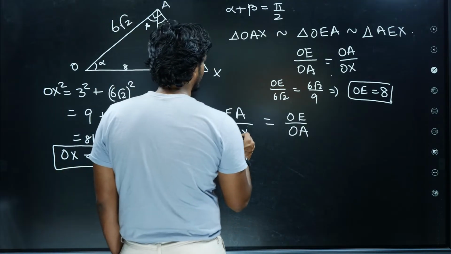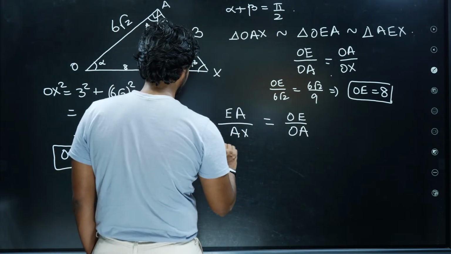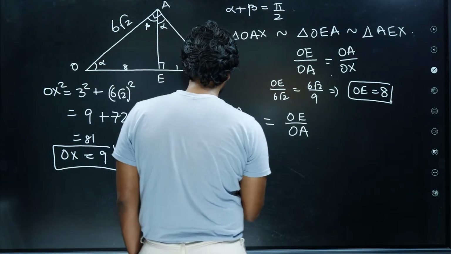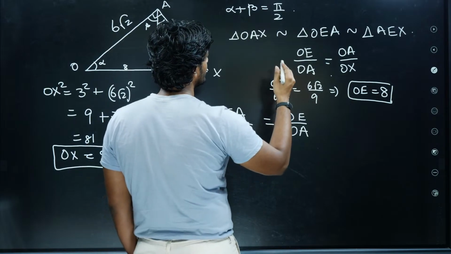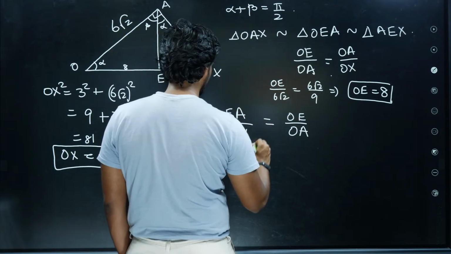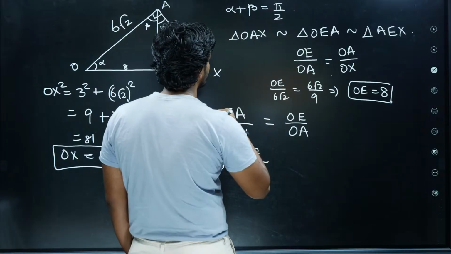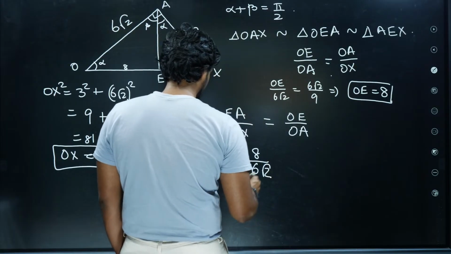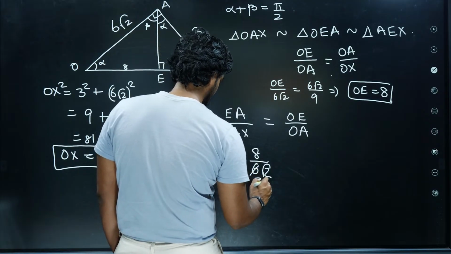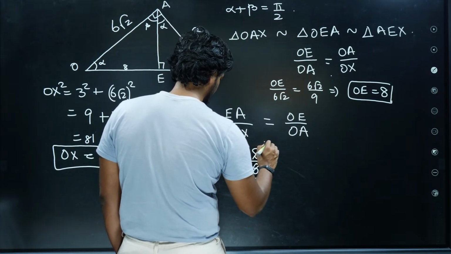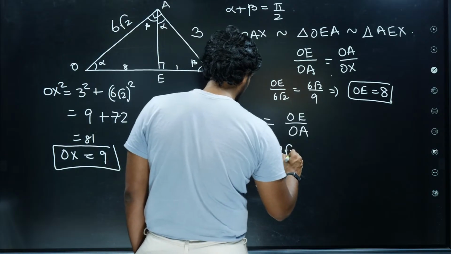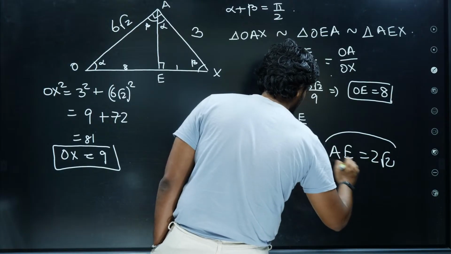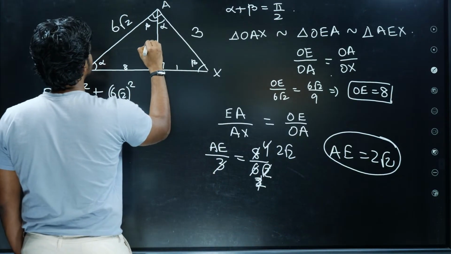So AE by AX, which is 3, is equal to OE, which we just found 8, by OA, which is 6 root 2. So I have to do 3 2s are, and 2 to 4, so this is 2 root 2. AE is equal to 2 root 2. So I have this length to be 2 root 2.